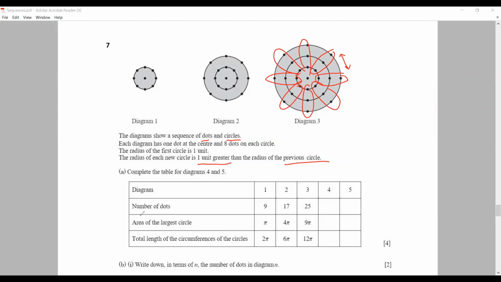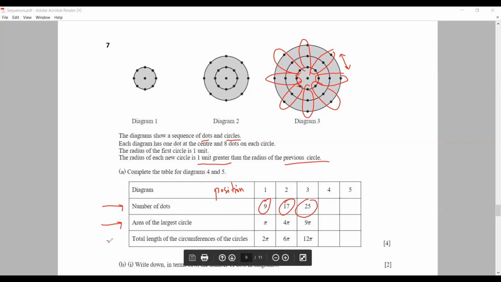Okay, so we have to complete this table. The first row is the diagram, or we can call it the position, and the other rows are the terms. The first row holds the terms of the sequence representing the number of dots. Then the next rows are the area of the largest circle and the total length of circumference.